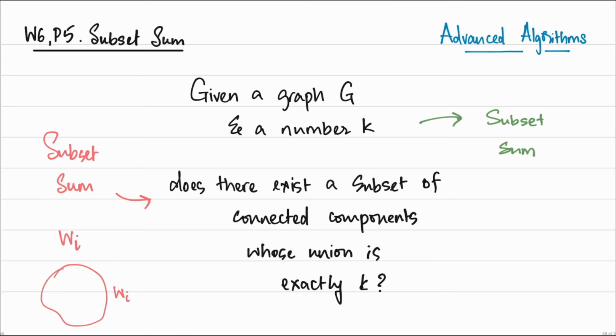And again, you can convince yourself that you have an instance of subset sum which is valid if and only if you can actually pick out components whose collective sizes add up to the target value of subset sum. You just make sure that this number K here matches the target in the subset sum instance. That's all you have to do.